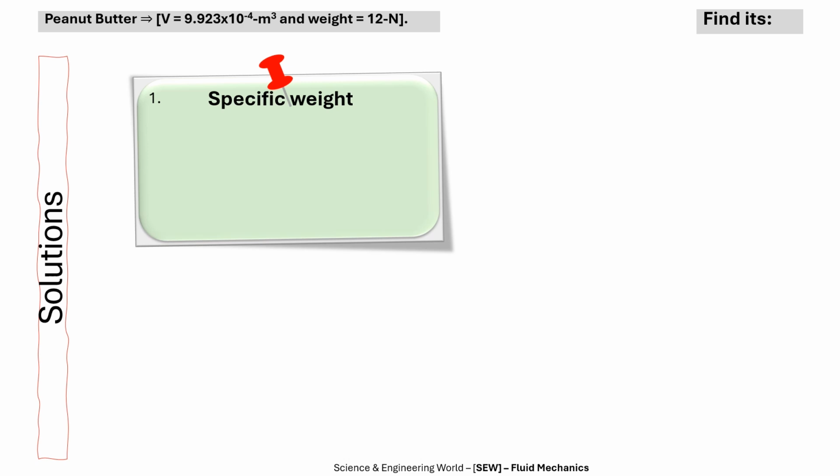We have specific weight with the symbol gamma. That's the symbol gamma. And specific weight, gamma, is given as the weight of the substance over its volume.